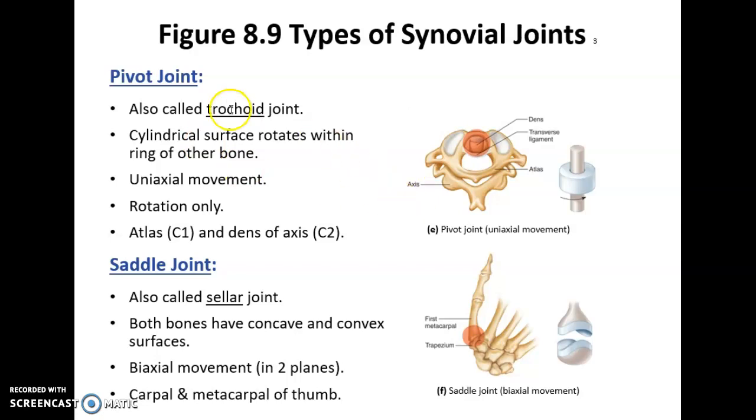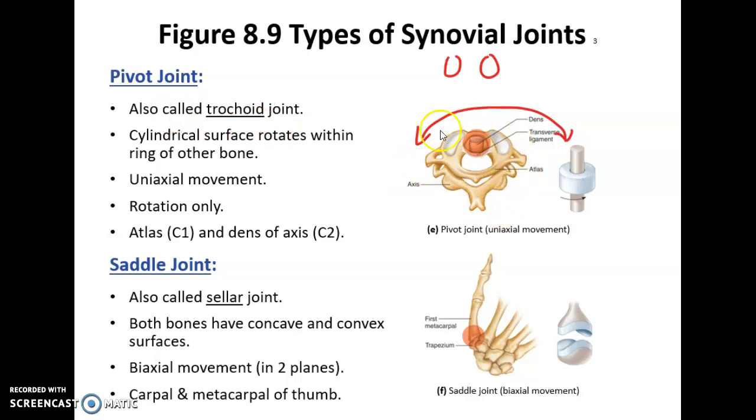This is a common joint as well, the pivot joint. It's going to be able to rotate, as you can see here. You're able to say yes because of the condyles between the skull and the atlas, and you're able to say no with your head because of the rotation movement between the atlas and axis.